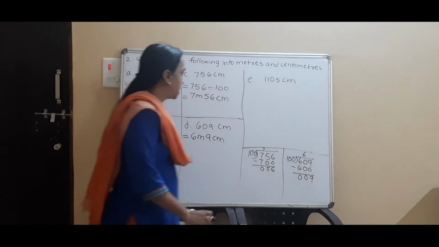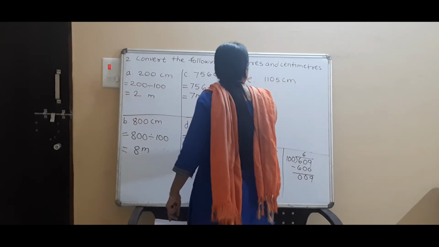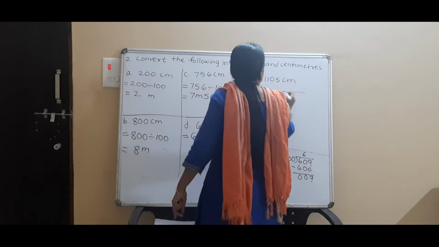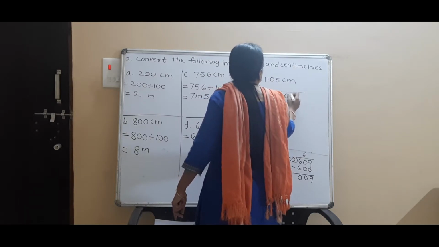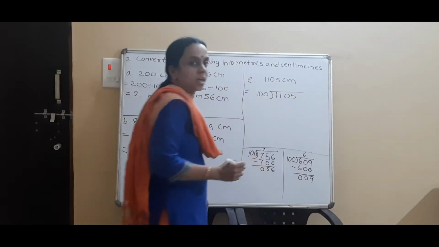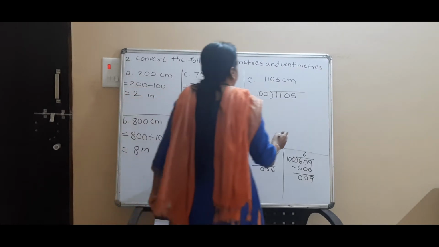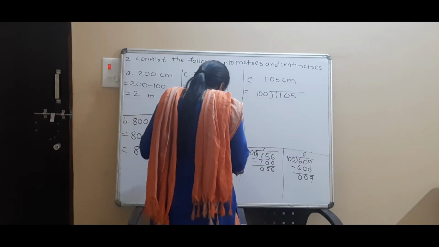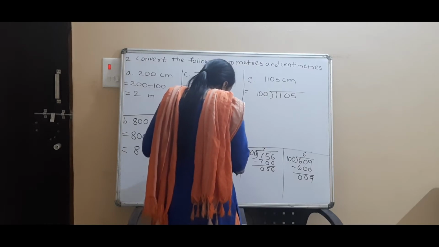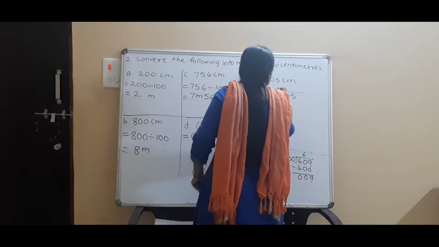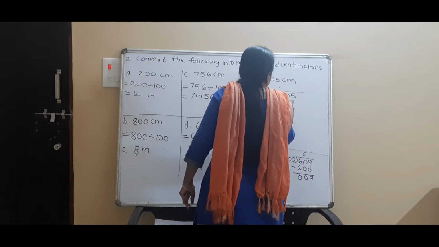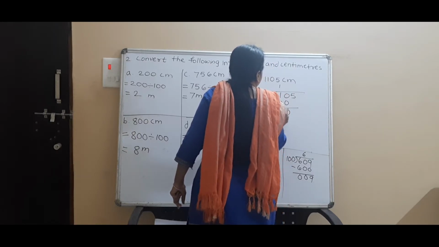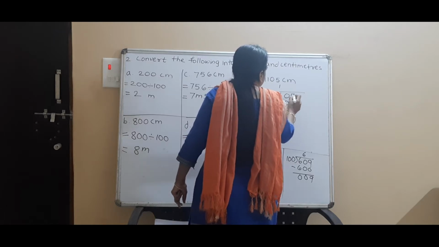Okay. Now see E question. We will directly do here the division. So 1105 divided by 100. So in the table of 100, what is the correct answer here? 100 ones are 100. 0 minus 0, 0, 1 minus 0, 1, 1 minus 1, 0.